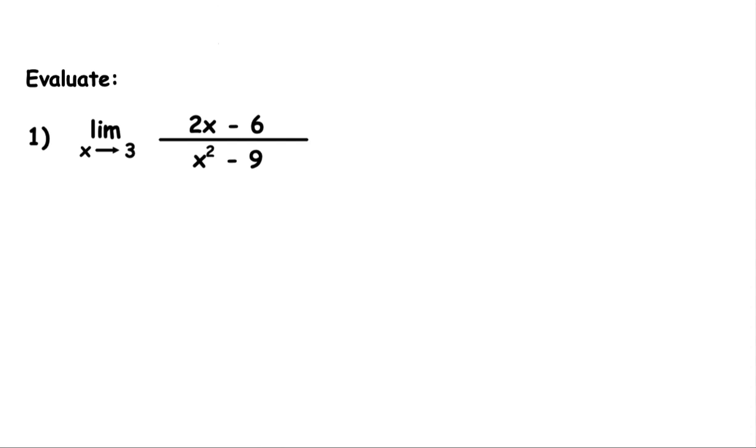Okay, no pain here. Normally when you take limits, let's go back to chapter 1 when we were first doing limits. If I said, hey, plug a 3 in here, you'd be like, oh no, it's going to be 0 over 0, which is indeterminate. It's going to be 6 minus 6 over 9 minus 9. So what we get to do is factor. In the numerator, we'd take out the 2.